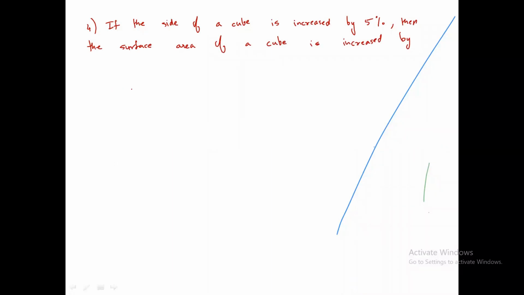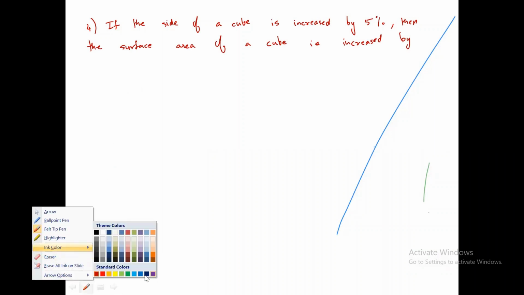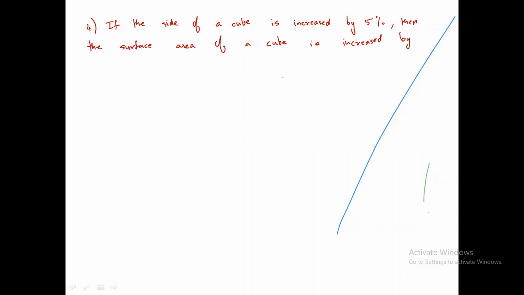Okay. All of you know the diagram, how a cube looks like. But still I am drawing. You need not draw. So this is a cube. Each edge of a cube be x. Length is x, width is x, height is x. So each edge is x or each side is x.